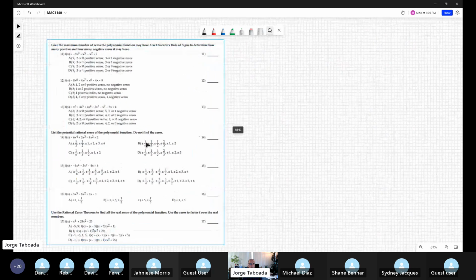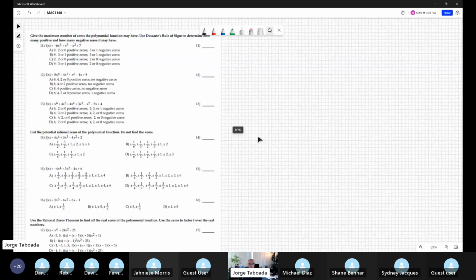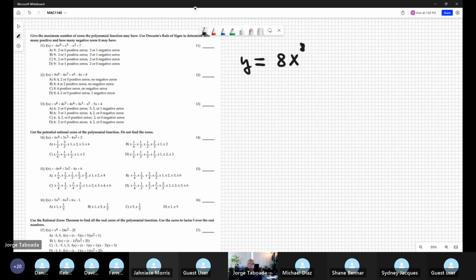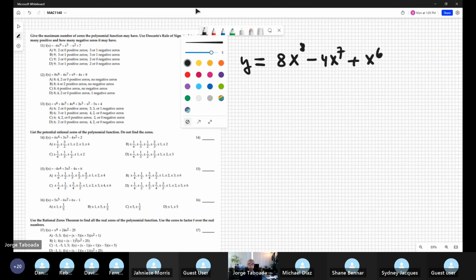Remember the big picture example that we do in the test: I asked you a specific thing, not all of them. Number 12 is similar: y equals, or f of x either way, 8x to the 8 minus 4x to the 7 plus x to the 6, minus 4x plus 8.